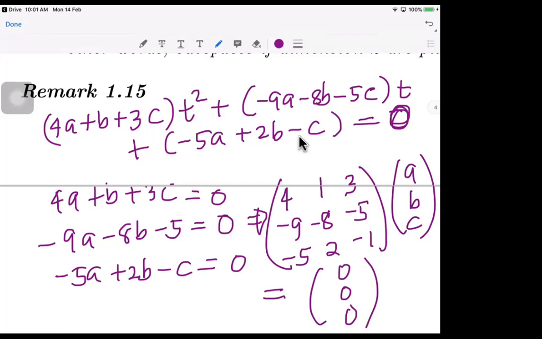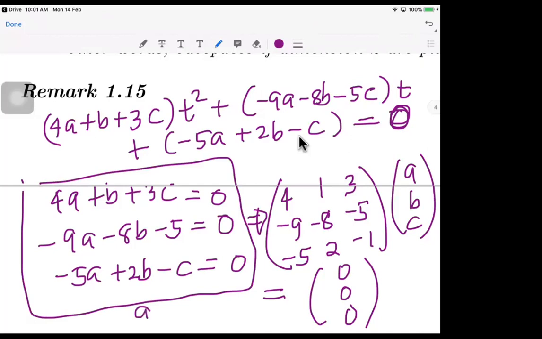So what you can do is solve for A, B, and C by elimination and substitution. Are you with me? Yes, ma'am. So you do elimination and substitution and try to obtain A, B, C. Go ahead and work on it.